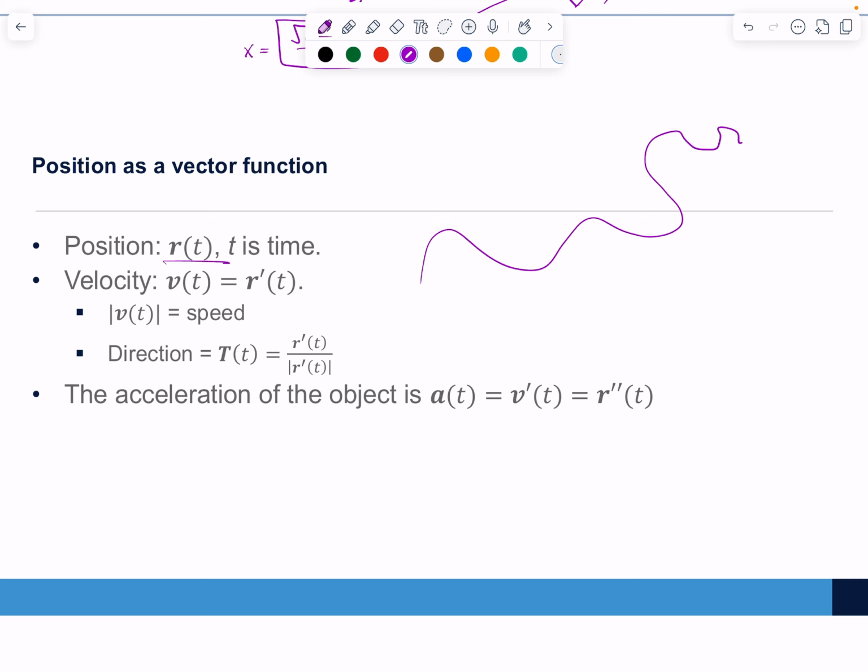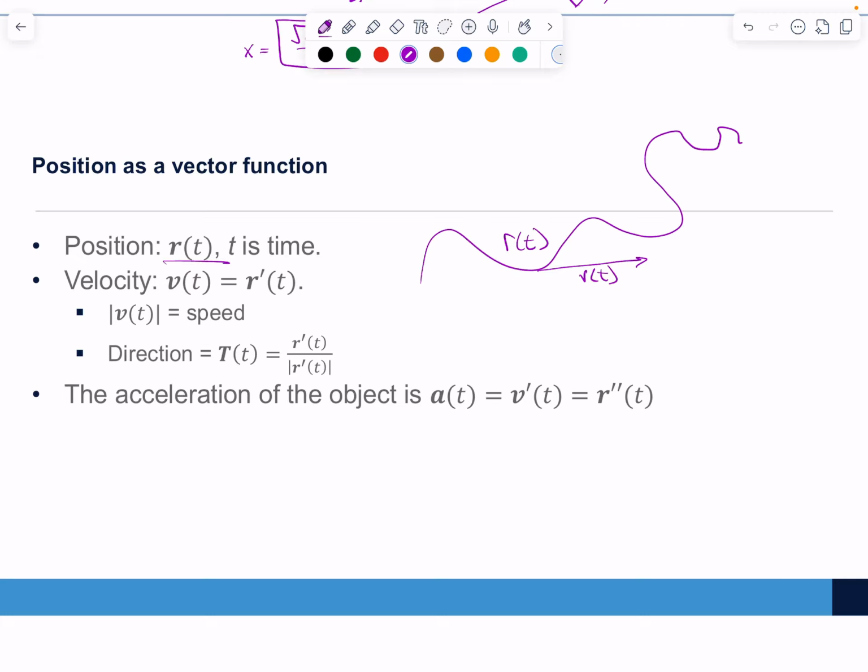The velocity, of course, is the derivative of position. So if this is r of t, then the velocity points in the direction of motion. Acceleration, by the way, would point in the direction of the change of velocity. Always going to be towards the inside of any turn that you're going through.